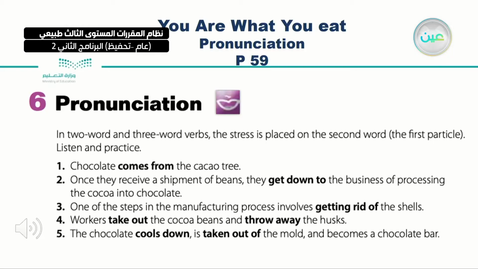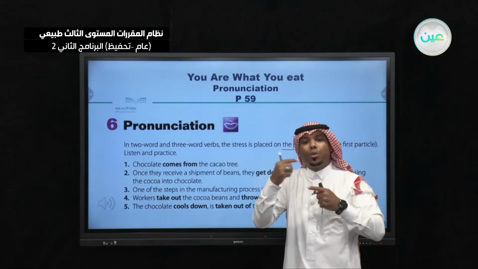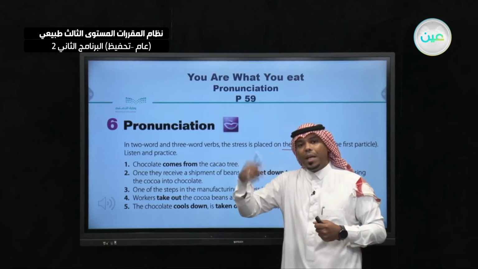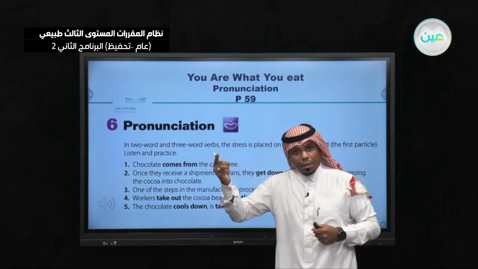In 2 word or 3 word verbs, the stress is placed on the second word, the first particle. You are going now to listen. For the first time, you are going to listen to 5 different sentences. Then, inshallah, we will listen again and try to repeat after the audio.